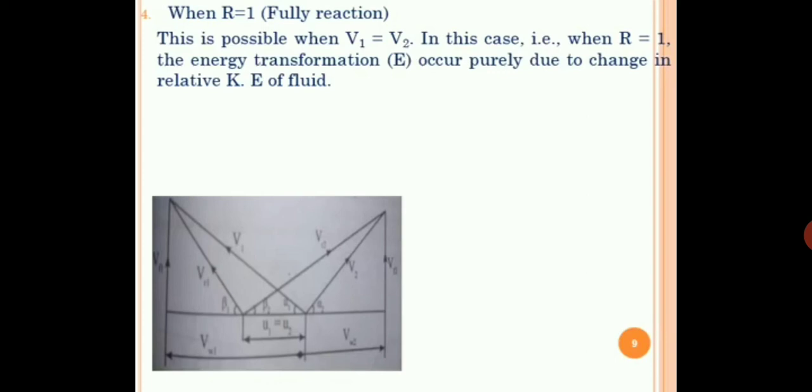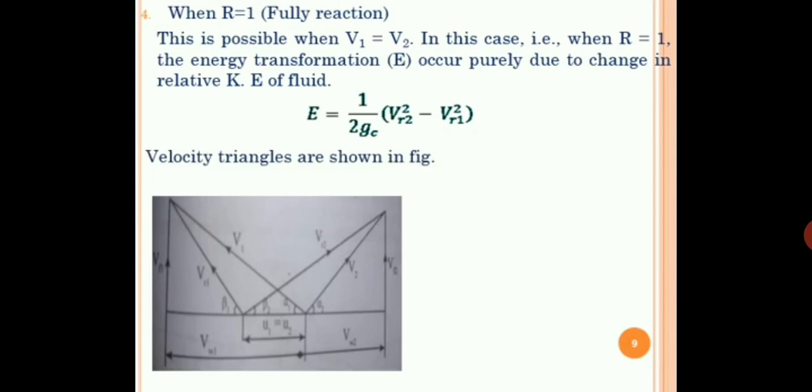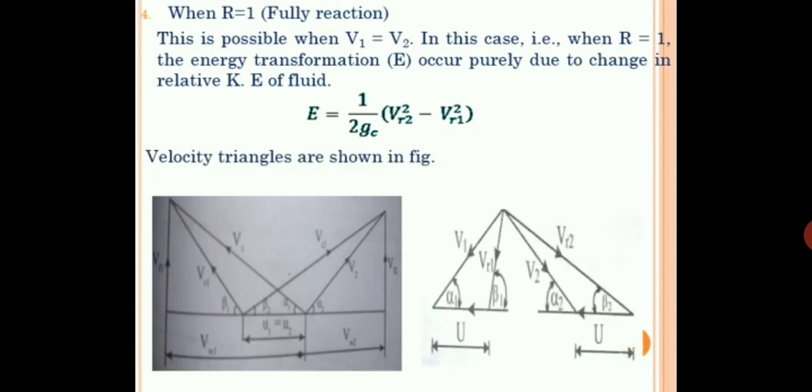In this case, the energy transformation occurs purely due to the change in relative kinetic energy of the fluid. The expression is given by energy transfer equals 1 by 2 Gc times VR2 square minus VR1 square. For the same condition, one more triangle is drawn here.